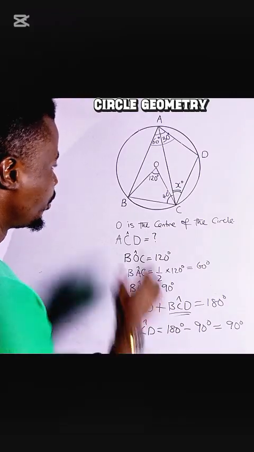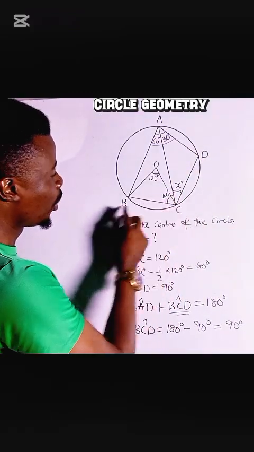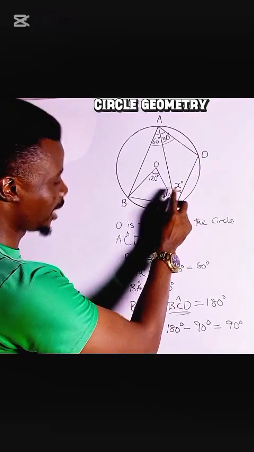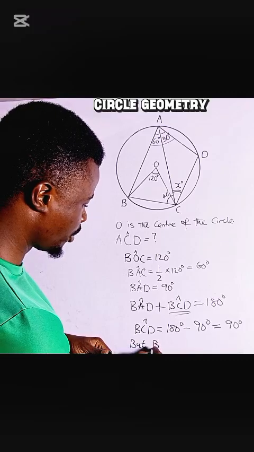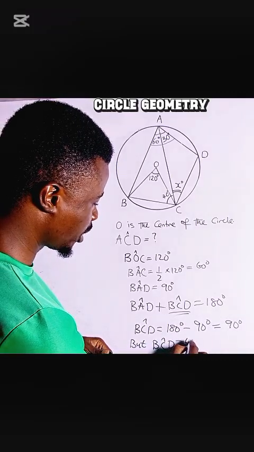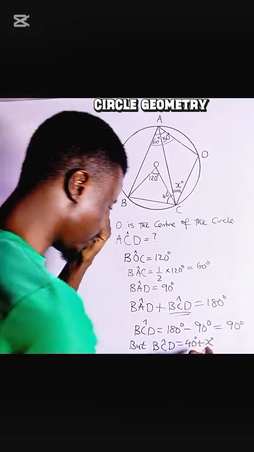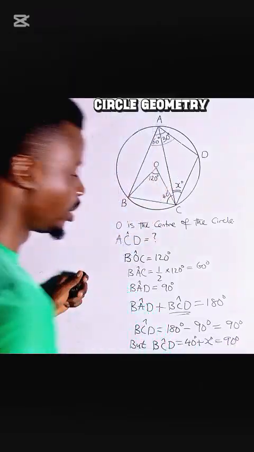But remember, BCD is 90 degrees. You can see what makes up BCD: 40 and X. So you can write that angle BCD is equal to 40 degrees plus X degrees, which makes it 90 degrees.